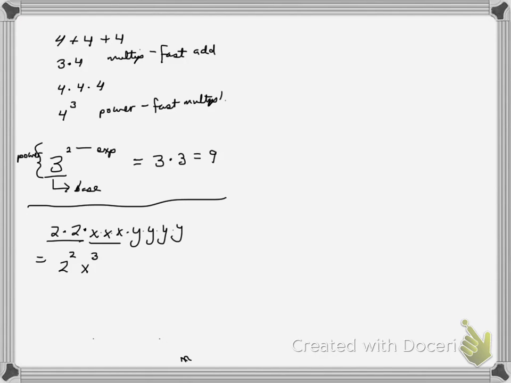So that's the same as x cubed. And I would take my next value, which is a y, and I'm multiplying it by itself, y times y times y times y, that's y to the 4th. Now, typically, the number part you would simplify. What is 2 times 2? 4. Or I could have simplified it up here also. I would write that in its simplest form as 4x cubed y to the 4th.